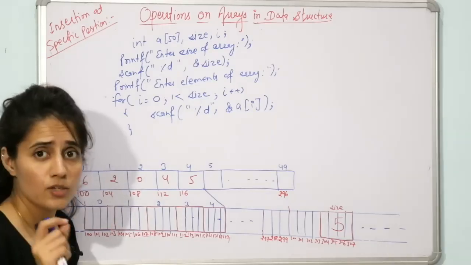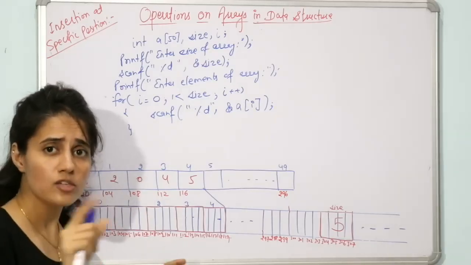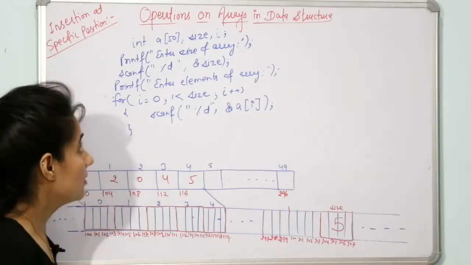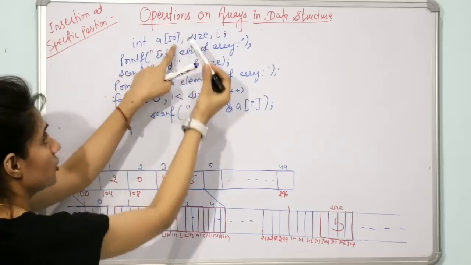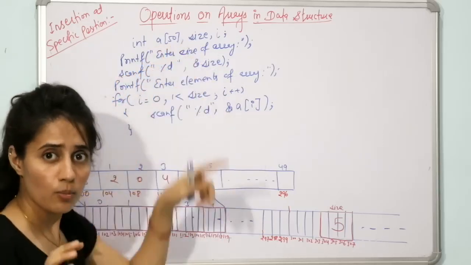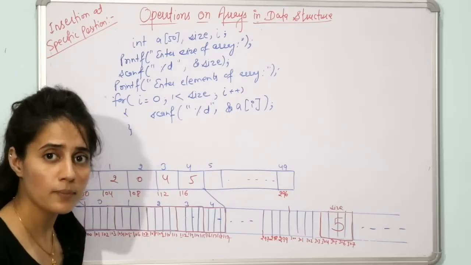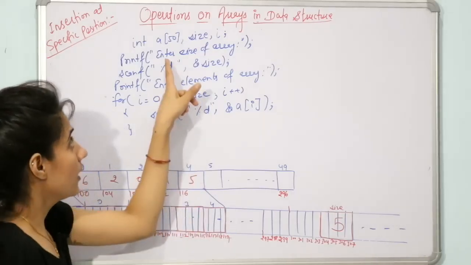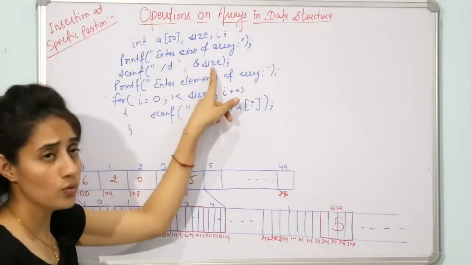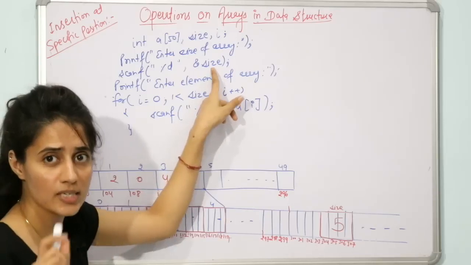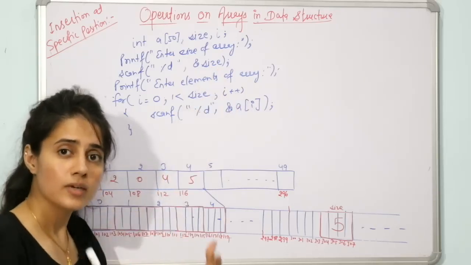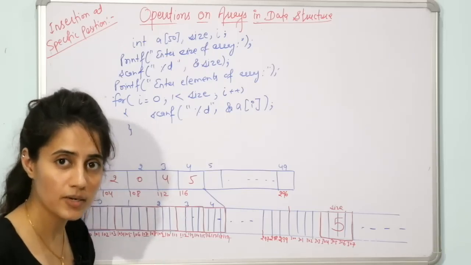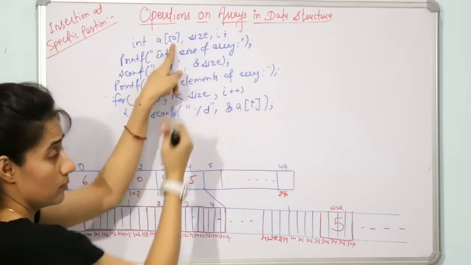So still you can store how many elements? 45 elements. See, another thing you have to take care of, I have told you there is no upper bound checking concept for arrays in C. Like this, if you take here int a of 50, fine, now the memory manager has allocated to you how many bytes? 200 bytes for storing 50 elements, and if you write here enter the size of the array, and if you enter the size 51 or 60, then the user can insert 60 values also, but that is not actually correct, because initially how many bytes have been allocated?